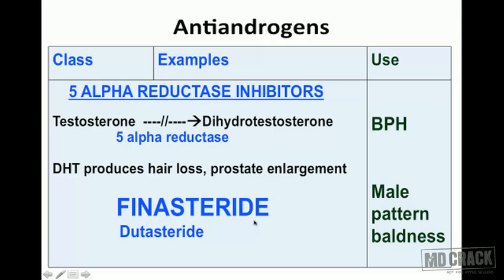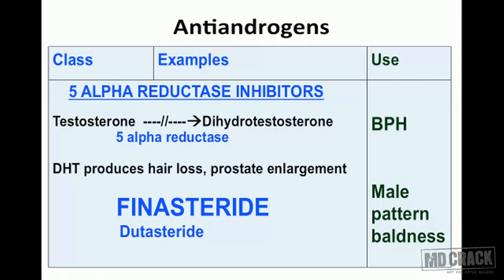And finasteride is useful in benign prostatic hyperplasia, because as you see here on this slide, dihydrotestosterone is responsible for prostate enlargement. Please don't make an error. Finasteride is not useful for carcinoma prostate.